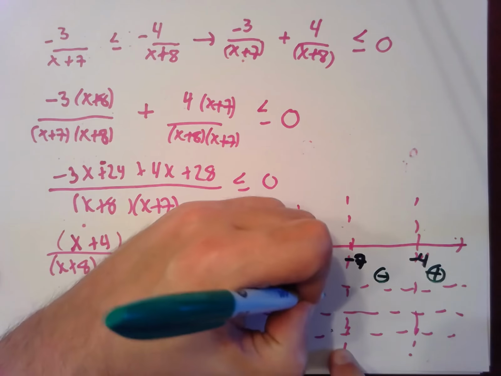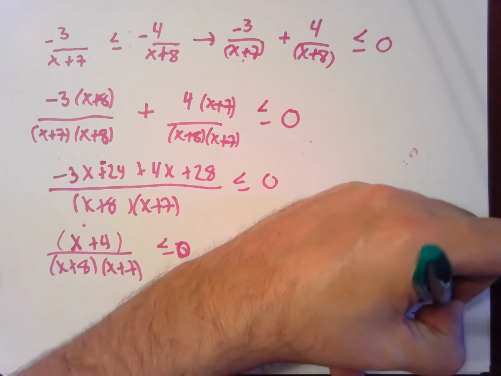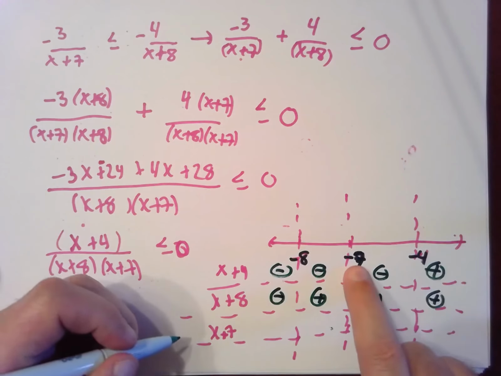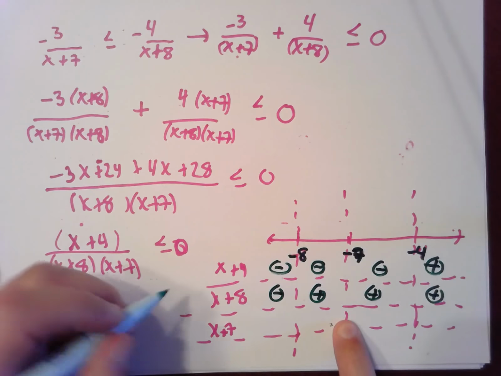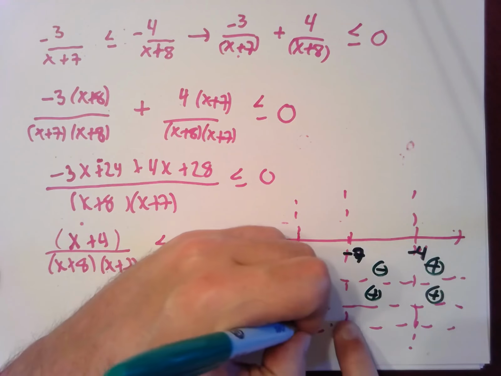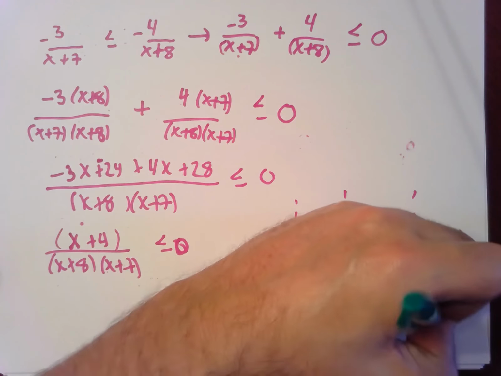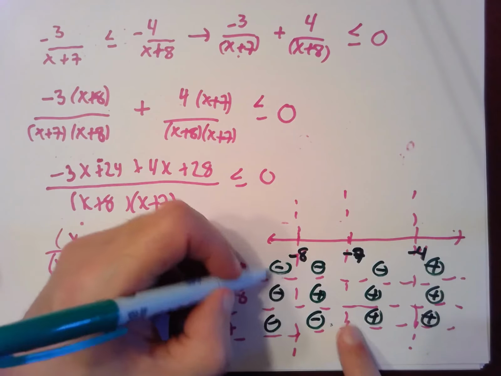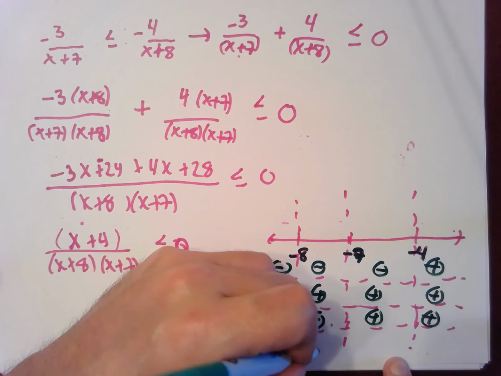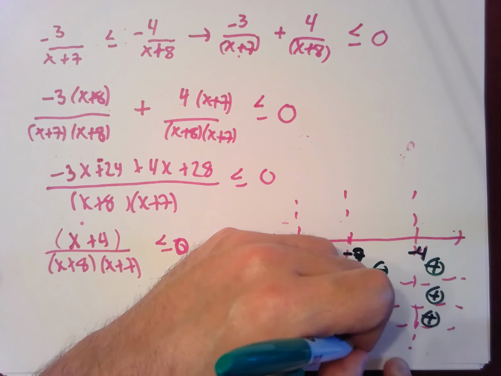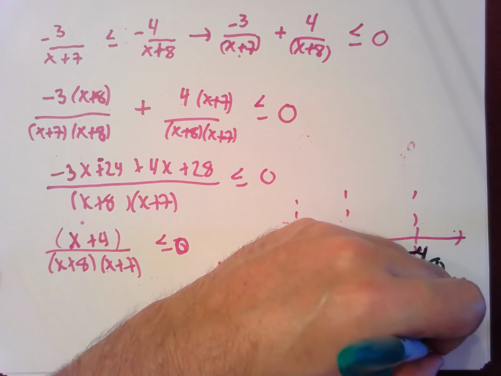He's negative below, positive above. This guy, x plus 7, switches right here at -7, negative below, positive above. Multiply down, 3 negatives is negative, 2 negatives, positive. 1 is negative, none is positive.